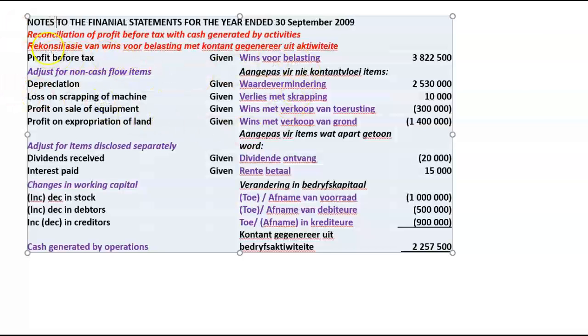Reconciliation of profit before tax with cash generated by activities.